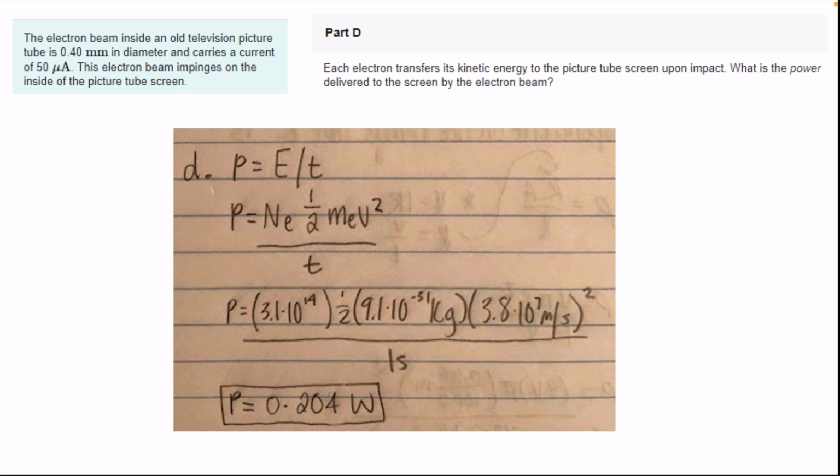So we're going to have to multiply that top part of the equation by the number of electrons. And then our time is just going to be 1 second.